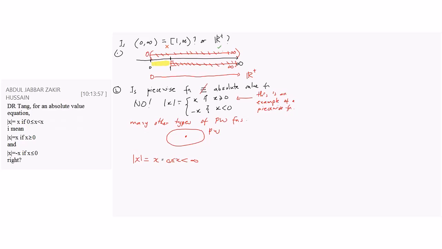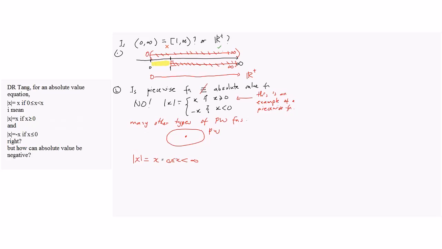So 1 is if it's more than 0, and 1 if it's less than 0. Nope. Although it looks like negative, we've been through this before. So I would say here, although negative x, if x is less than 0, looks negative.